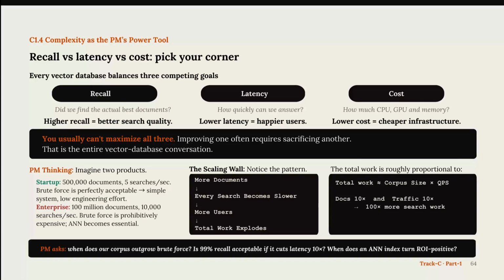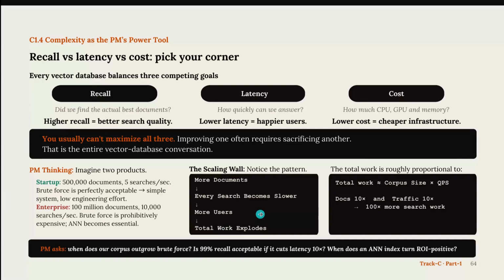The scaling wall: this is the pattern that we'll notice everywhere. More documents keep coming in, the search becomes slower, and as more users start hitting the search queries, the total work will explode, and the system will become pretty slow.